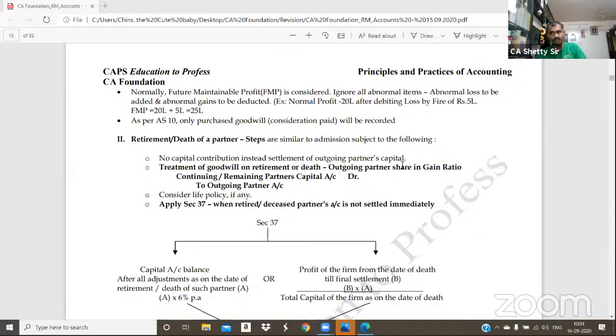That is the value of the business, close the bracket, minus capital employed.